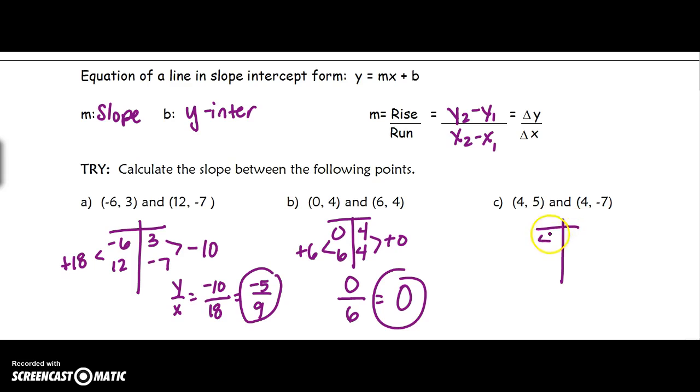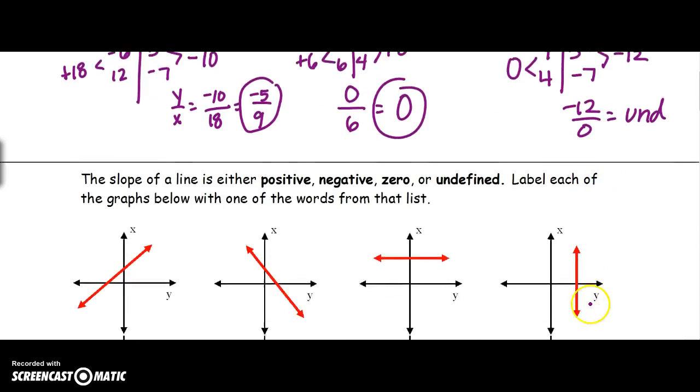If you have 0 in the denominator like we do in C, from 4 to 4 is 0, and then from 5 to -7 is -12. Here you have -12 over 0, which gives you undefined. So if your 0 is in the numerator, your slope is 0. If 0 is in the denominator, you have an undefined slope.